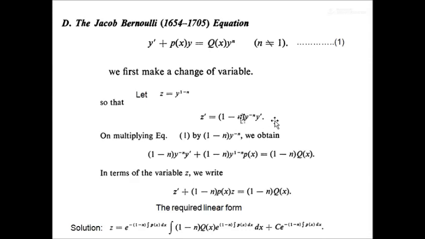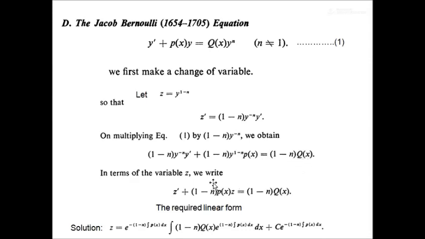And if you substitute this in the equation, you get 1 minus n y to the power minus n y prime plus 1 minus n y to the power 1 minus n into P(x) equal to 1 minus n into Q(x).